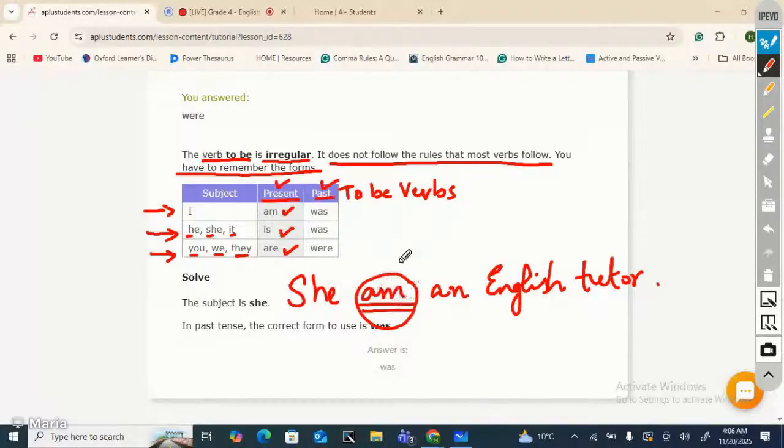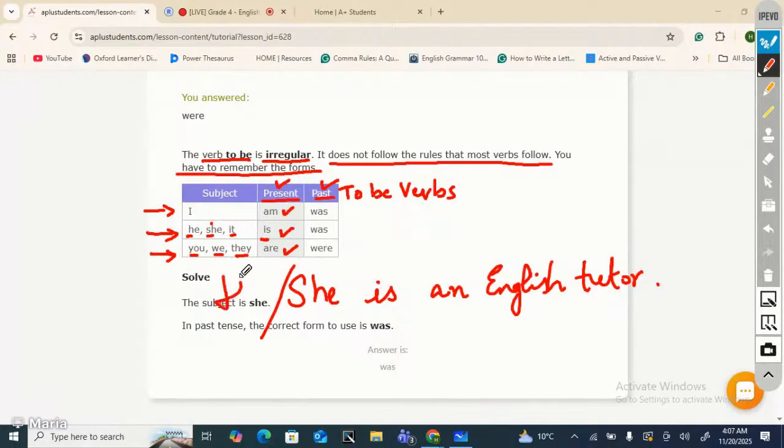She am? No, we cannot use it. We will change the form of to be verb, and that is, can you guess? I hope you can guess. Yes, if it is she, use is.